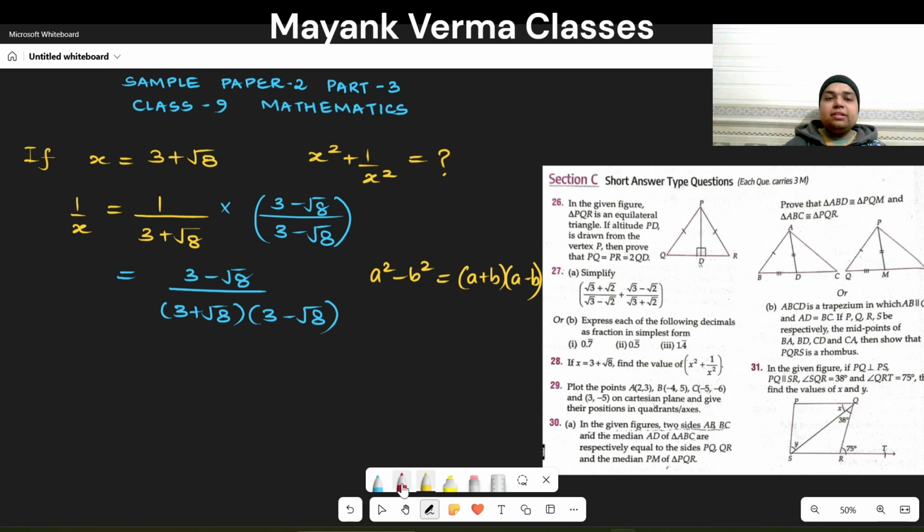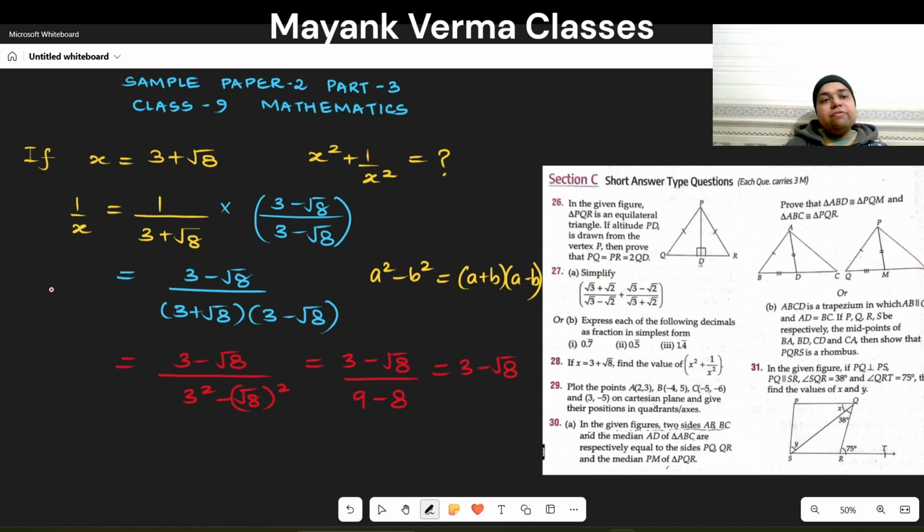So I can write the denominator part as 3 square minus root 8 square. So it will be 3 minus root 8 upon 9 minus 8, which is equals to 3 minus root 8. Now here's the value of 1 upon x.